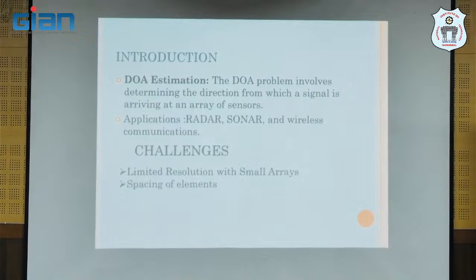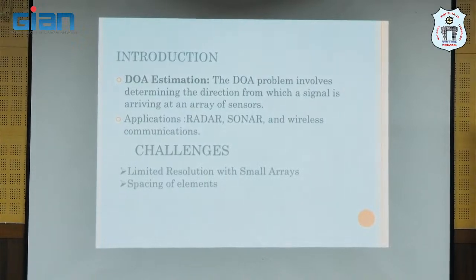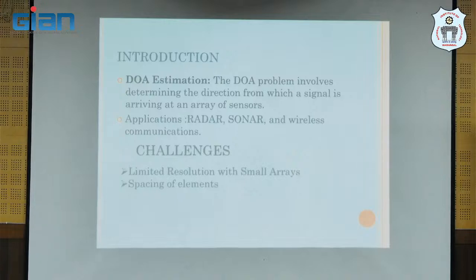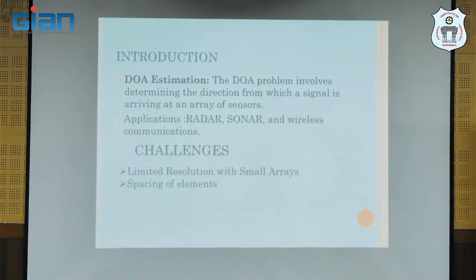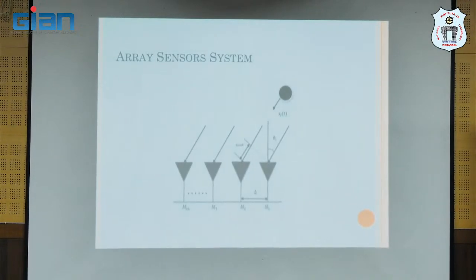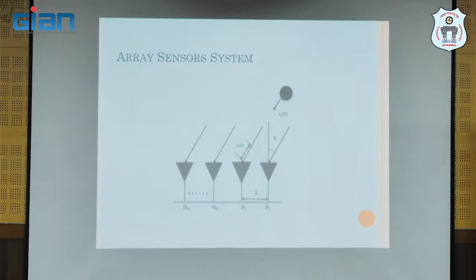Regarding the challenges present in this MUSIC algorithm, we can resolve the angle of arrival very precisely, and that is one advantage. One more issue we face is how to keep the spacing between the two elements.